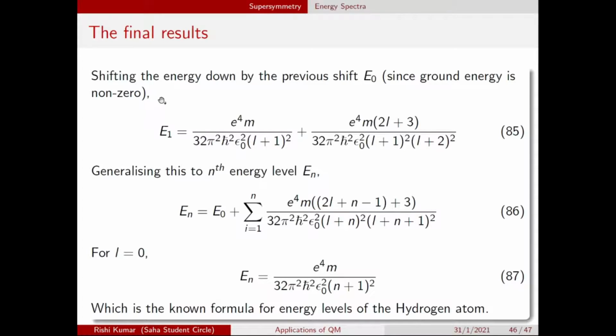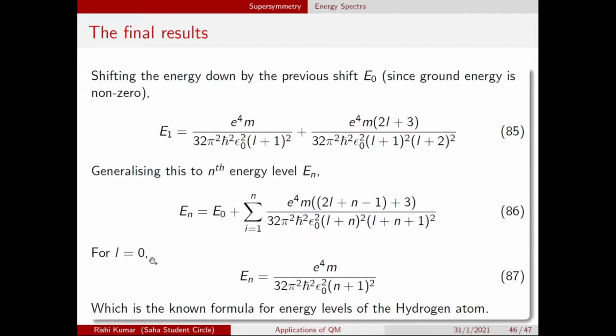I'll check and get back to you. Generalizing this to the nth energy level, En is simply E0 plus this entire term here, which is the summation from I equals 1 to n. This is very similar to our ladder operator method as well, because we are simply adding this extra remainder to our energy level to get our successive excited states.